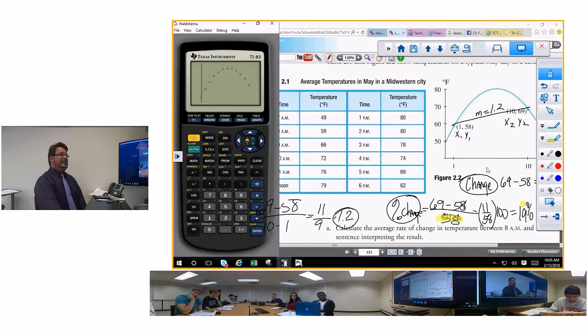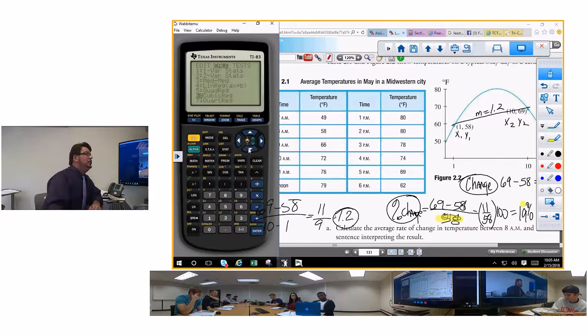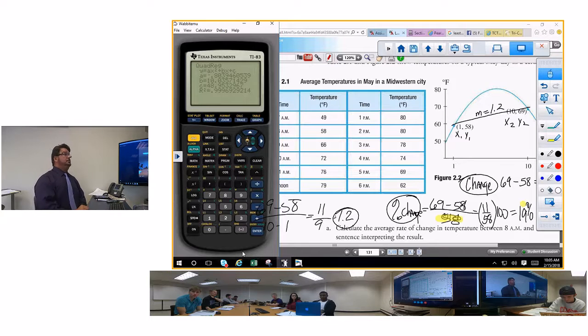So you go to stat, calculate, and then you go down to quadratic, and you hit enter, and L1, comma, L2, and enter, and write that information down.